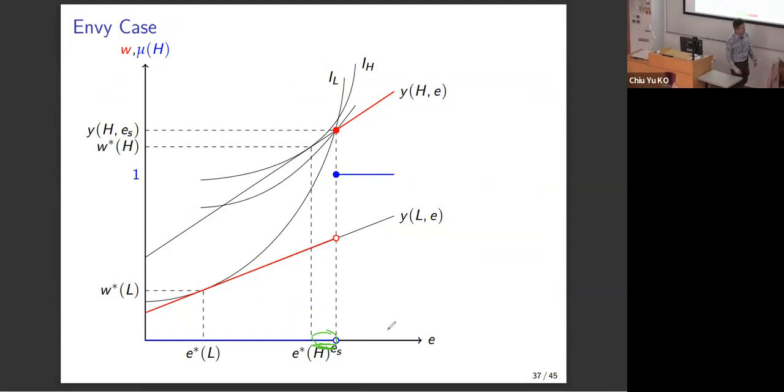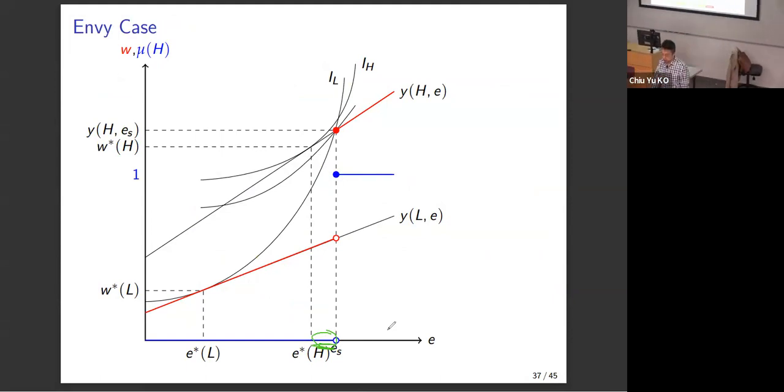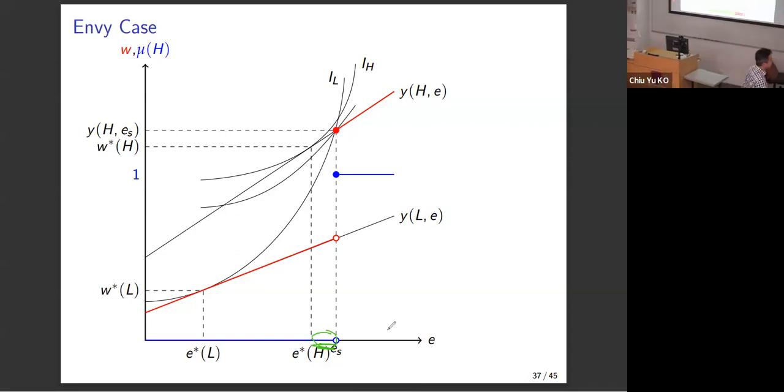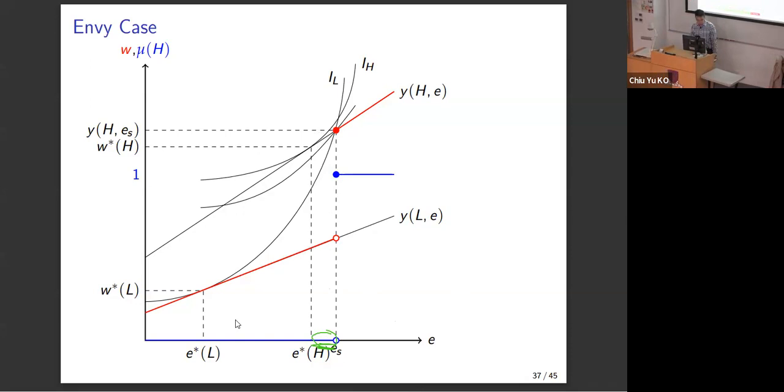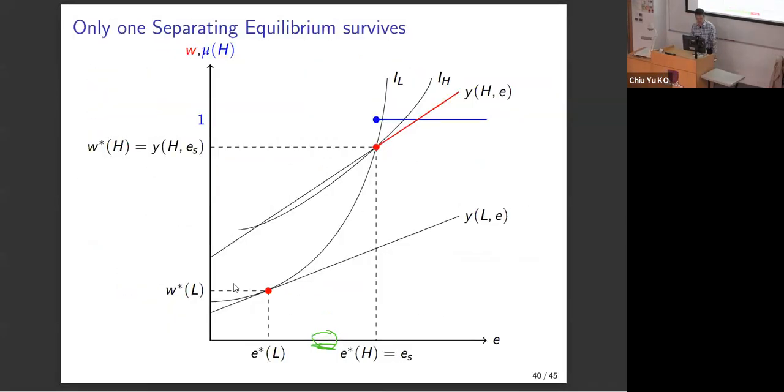There's no reason that the high type chooses more than EH star, even though they expect the highest wages possible. So putting 0 here is not correct. This belief is infeasible, because you can imagine the best case if you are the low type. So the only thing left is that they must be the same, like this.